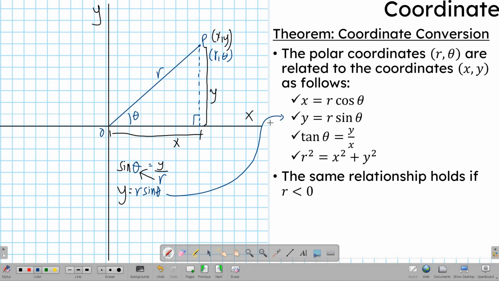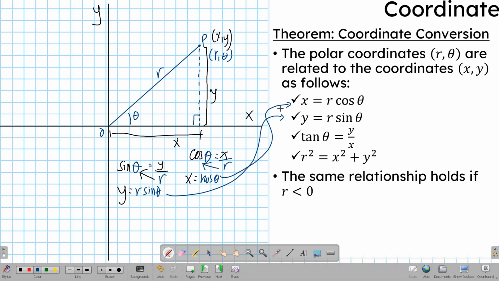This is the formula here. Similarly, the cosine of theta would be equal to x, the adjacent side, over r. If we cross multiply this, we simply get x is equal to r cosine theta, this formula here.